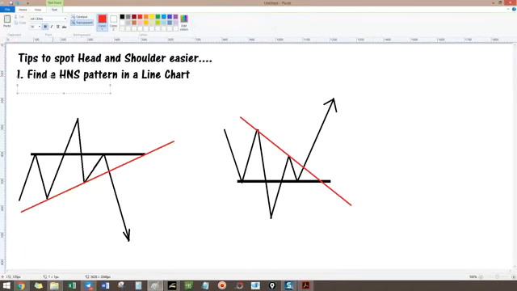Number 2, draw a trend line from low to higher low and or high to lower high.